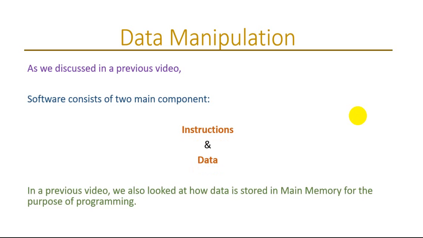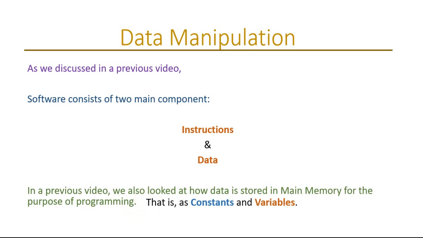We have already looked at how data is stored in main memory for the purpose of programming, and in some earlier sessions, how it is stored physically in the form of ones and zeros in the memory. So two different ways of viewing the data we have already seen, right?